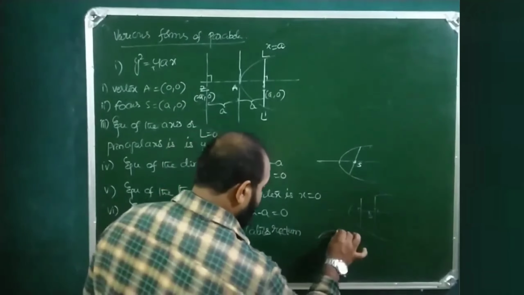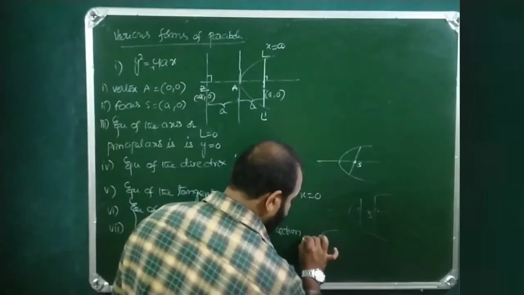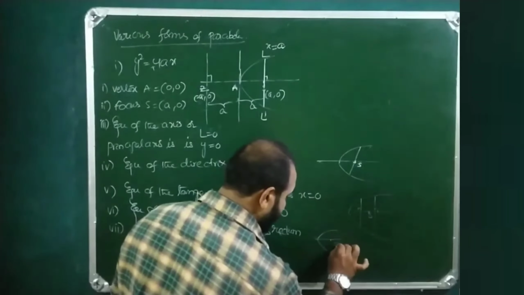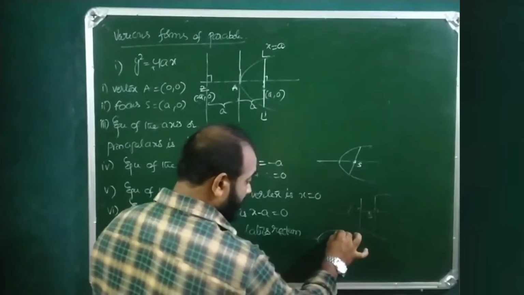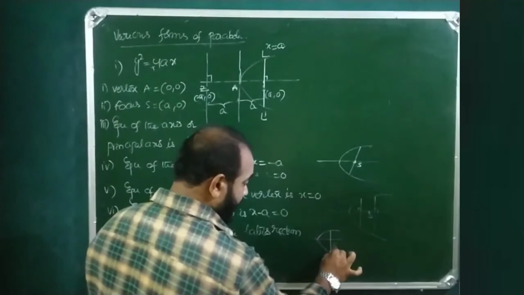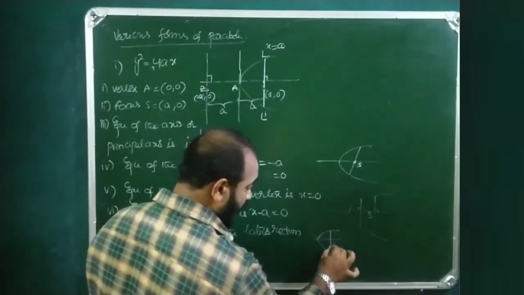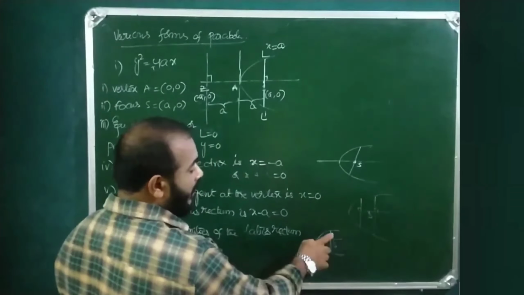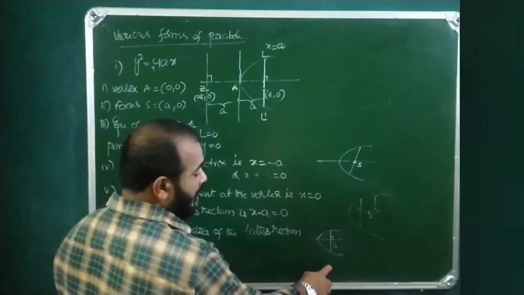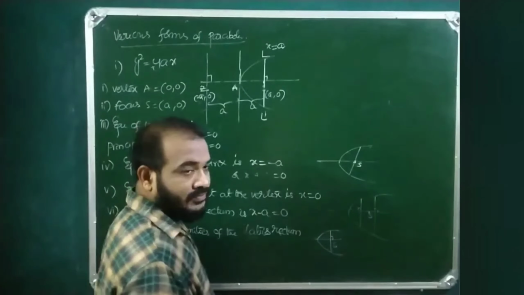That means, for example, this is the parabola. This is the principal axis. This is x. This is the double ordinate. Why double ordinate? Because this is the chord which is perpendicular to the principal axis. The double ordinate passing through the focus.